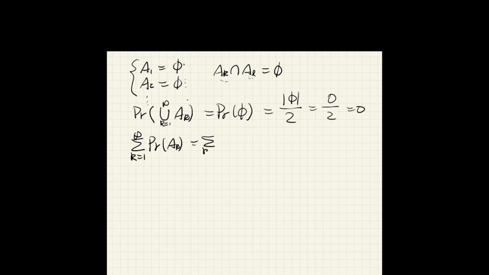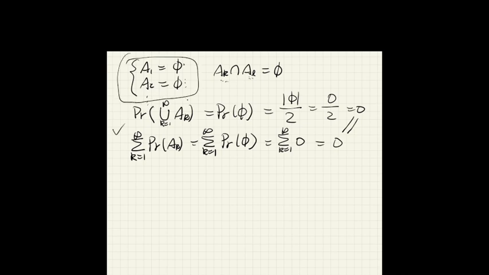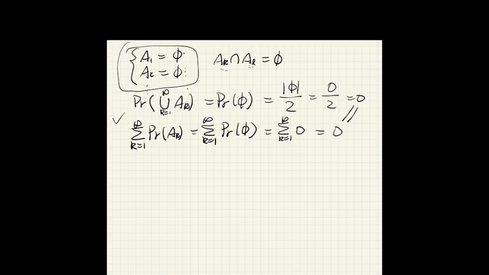This is the probability of the empty set, and the probability of the empty set is 0. So if you add 0 infinitely many times, it's 0. So this is equal to this. So the third condition is satisfied.